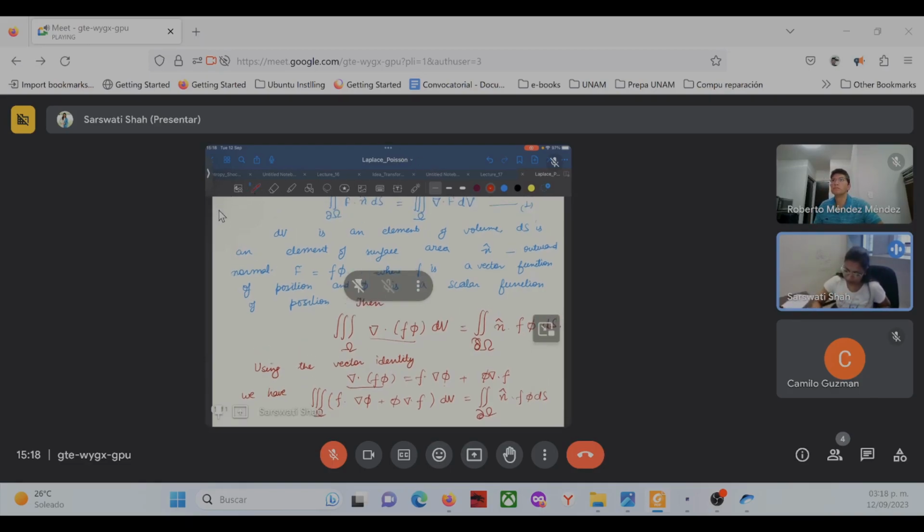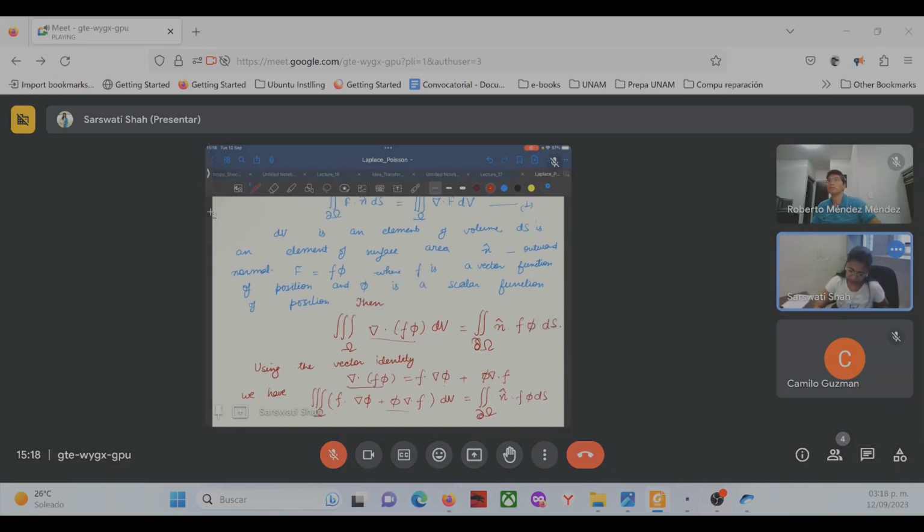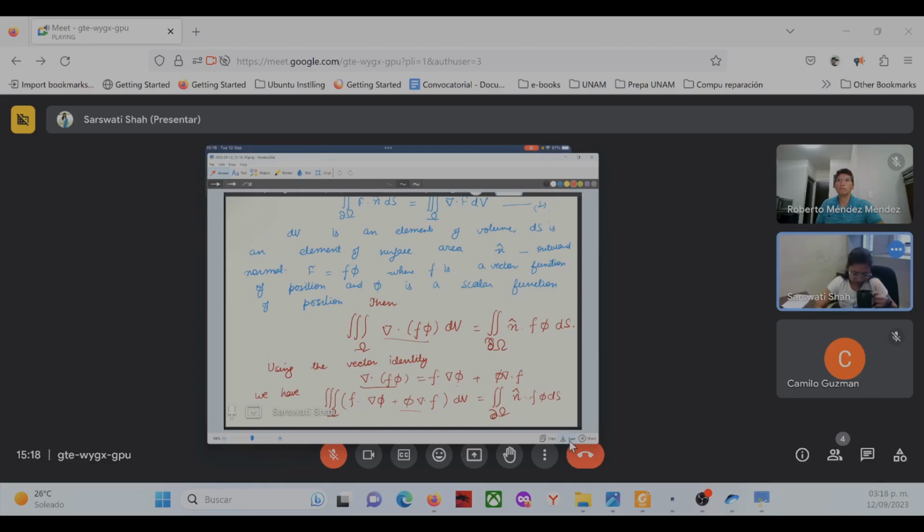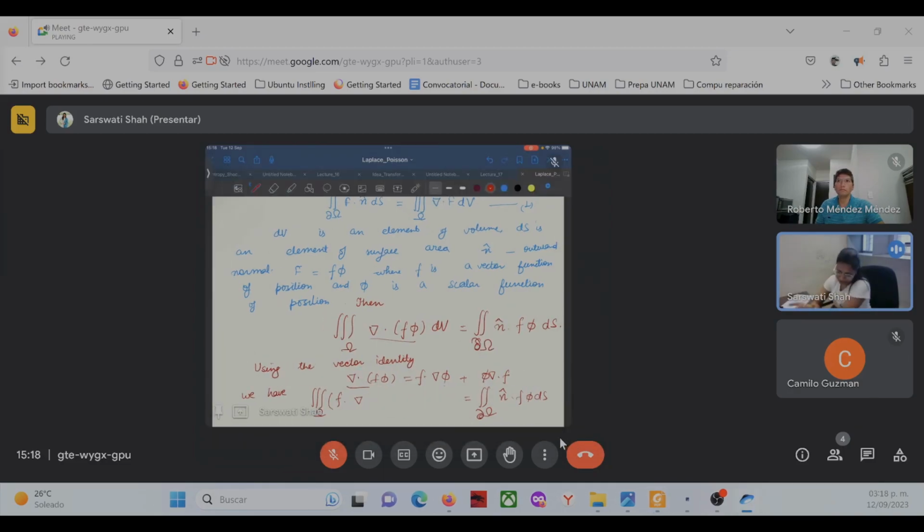So I am simply passing this to the left hand side. The integral of f dot gradient phi dV is equal to minus the integration over omega of phi grad dot f dV.